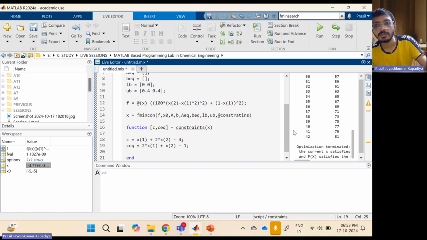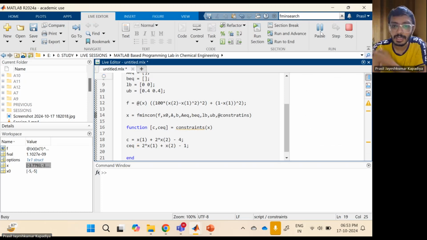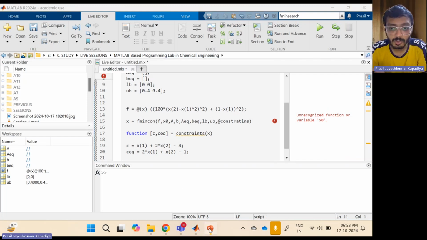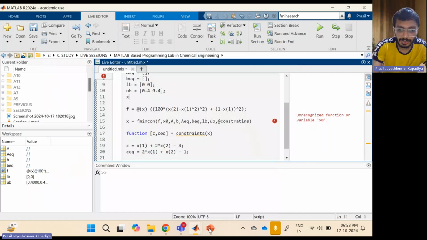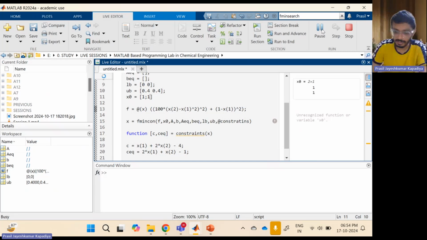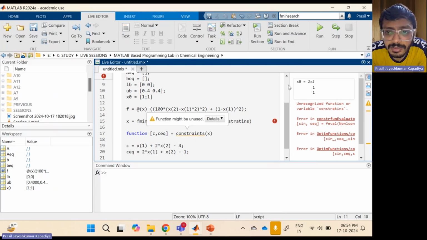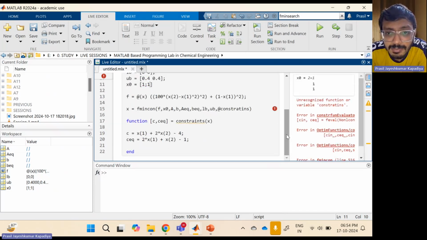So if I run this, I should get my solution. X0 is unknown, yeah, we have not defined the initial guess. So what is stored? 1, 1 transpose. So my x0 is equal to 1, comma 1. Okay, let's run it and see what we are getting. Constraints, here what I have written, I guess the names are different.